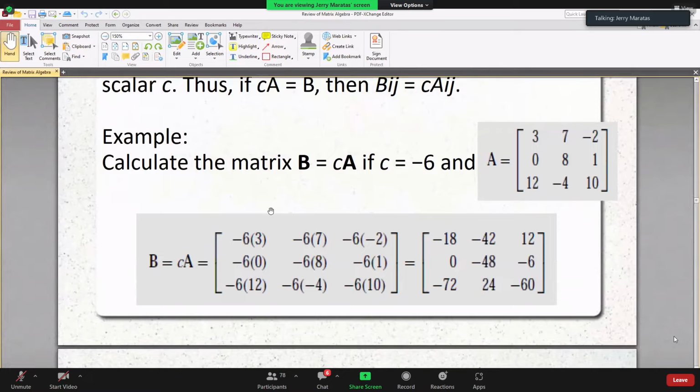So -6 times 3, that's -18. -6 times 7, that's -42. -6 times -2, that should be 12. And you perform the same to the rest of the elements. So I think it's not a problem if we do multiplication of a matrix by a constant or a scalar value.